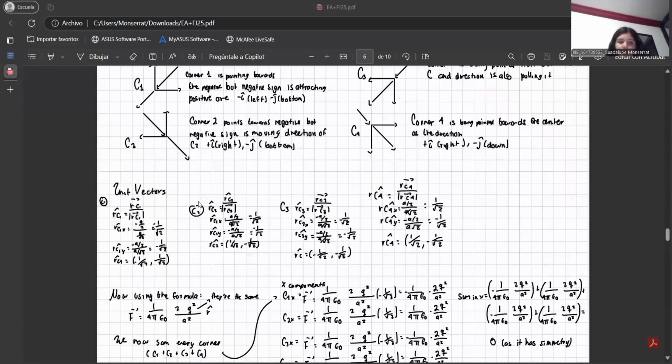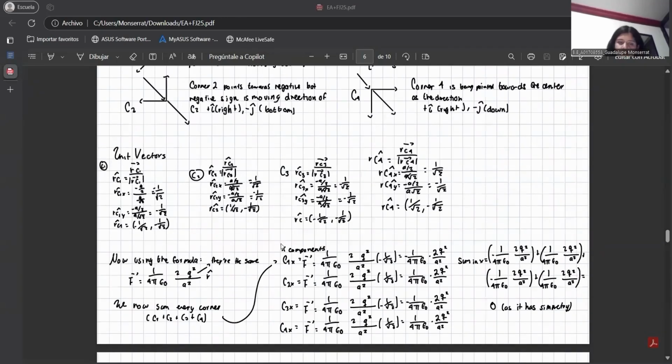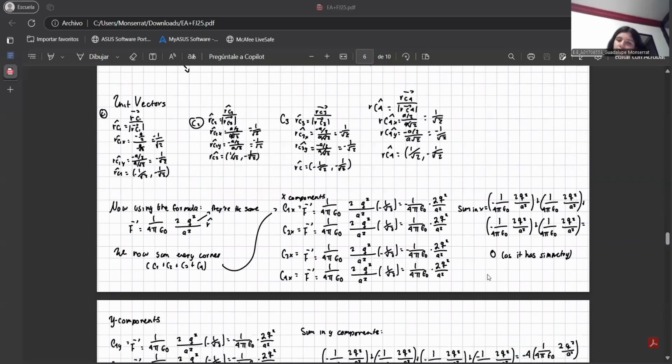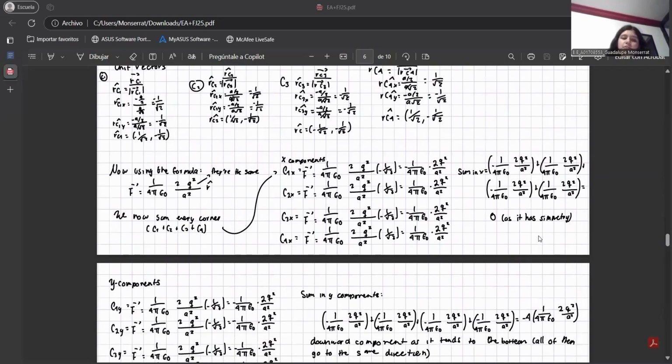Then we have the unit vectors for each corner. And now, using the formula, we get the x and y components. We sum each corner, and we have that in the x component we have a result of 0 as it has symmetry.